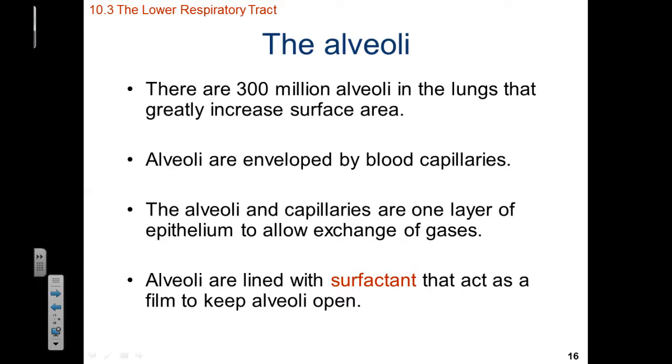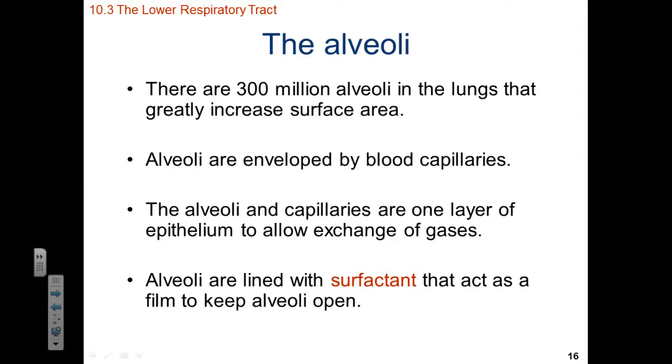Now if we look at the alveoli within the lungs, they're very tiny, and there's approximately 300 million alveoli within our lungs, or about 1/3 of 1 billion alveoli, assuming we have healthy, properly functioning lungs. These alveoli have very thin membranes around them. This is called the respiratory membrane, and it's made of a simple squamous epithelium.